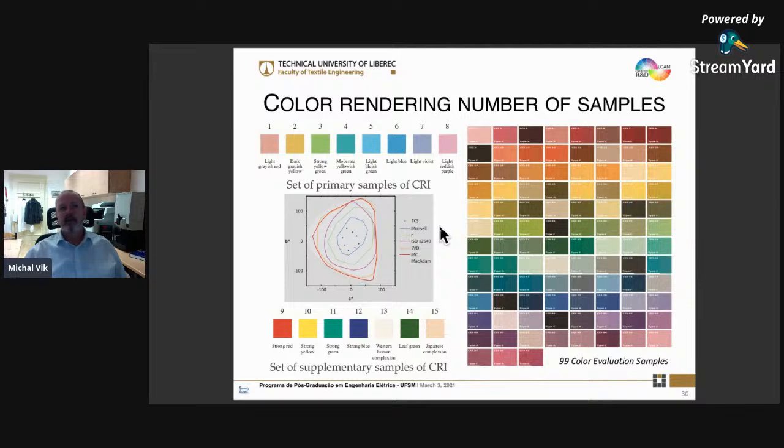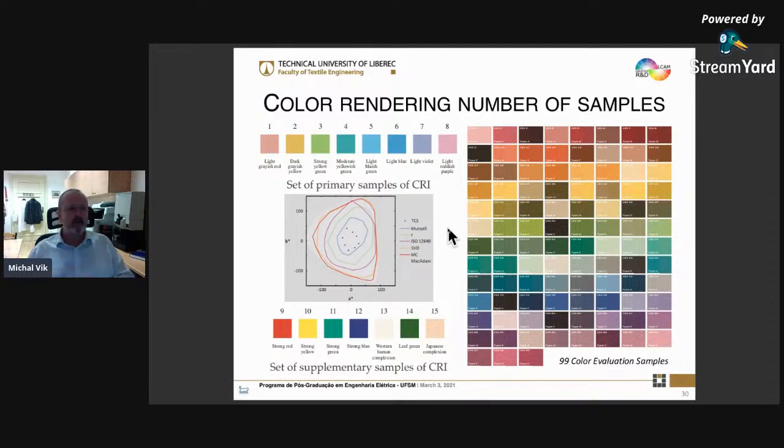You remember, Nickerson recommended 18, but CIE chose only 8 from the whole scale. And if we use only 8 samples, we have problems, because it was measured that errors caused by the limited number of samples dramatically decrease with an increased number. In TM-30, we are now using 99 samples.